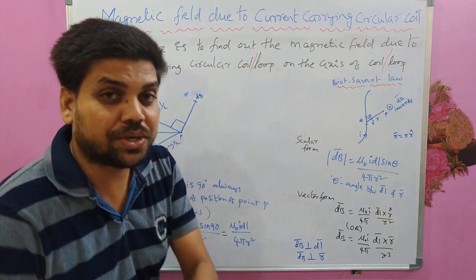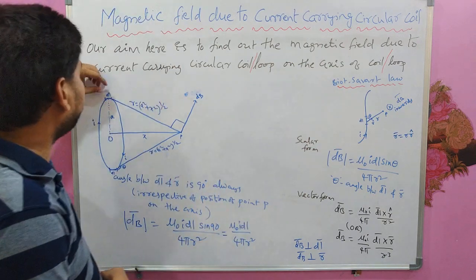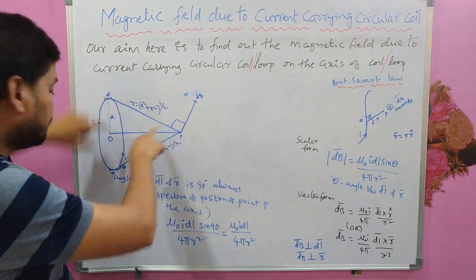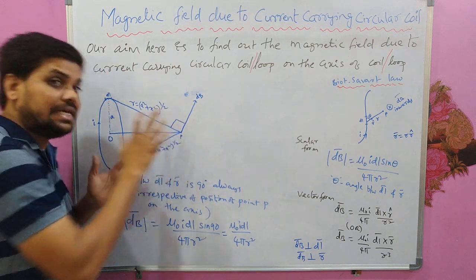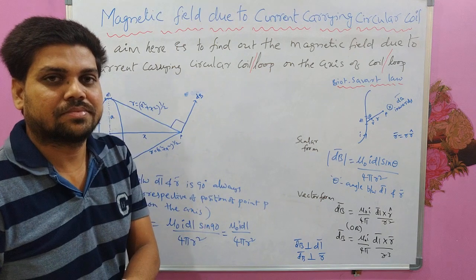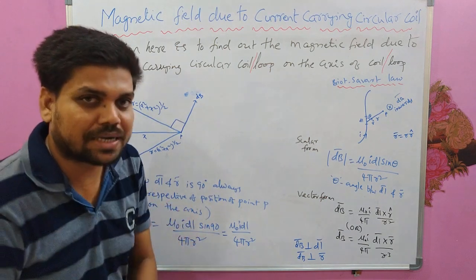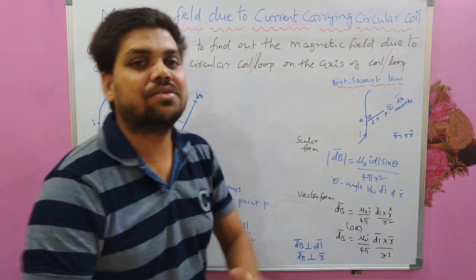The magnitude of the magnetic field produced by this small length element at point P and this small length element at point P is same magnitude, but the direction would be different.